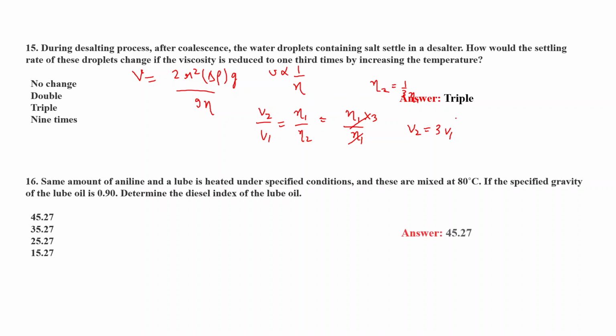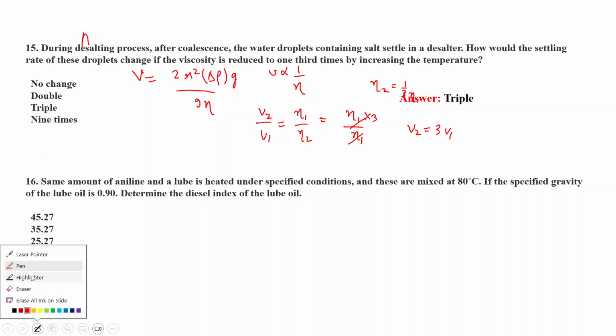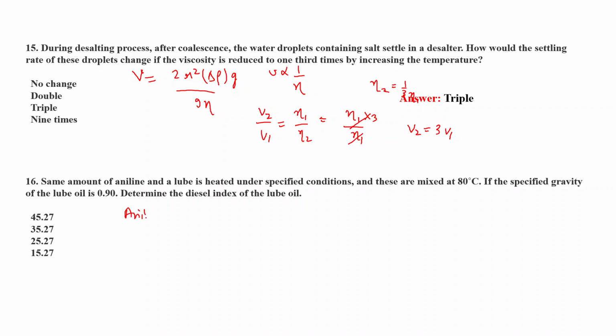Coming on to the next question, which is: the same amount of aniline and lube is heated under specified conditions, and these are mixed at 80 degrees C. So in the last numerical, as we saw, this is the aniline point, which is 80 degrees C. So we have to convert it into Fahrenheit.